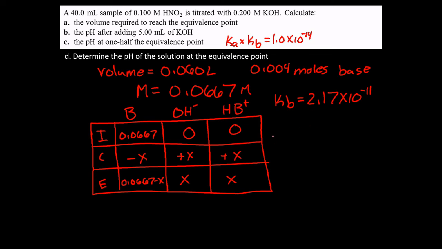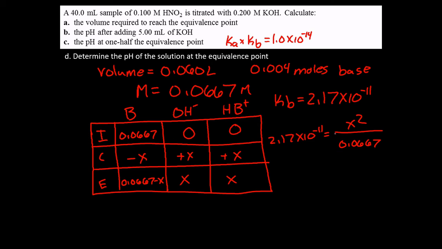So that's fine. So then if we take our values here, we're going to have 2.17 times 10 to the negative 11 is equal to x squared over 0.0667, and I'm going to make the x's small assumption here. We will double check, but it's going to be fine.